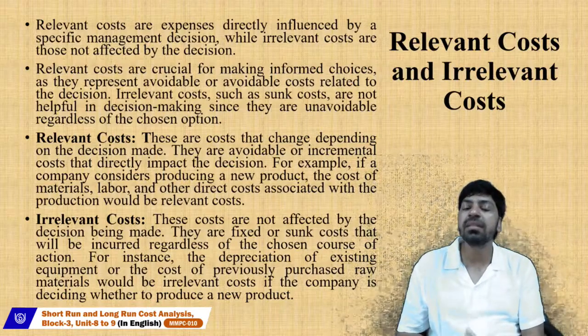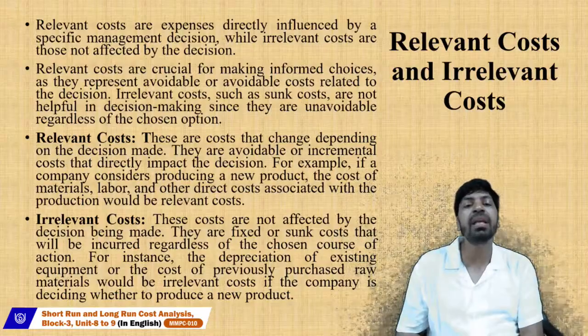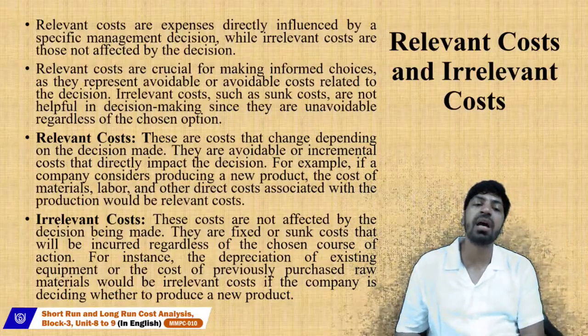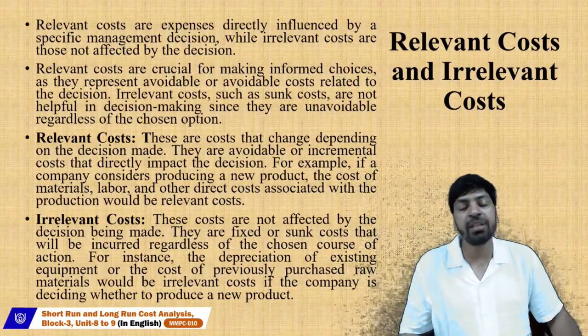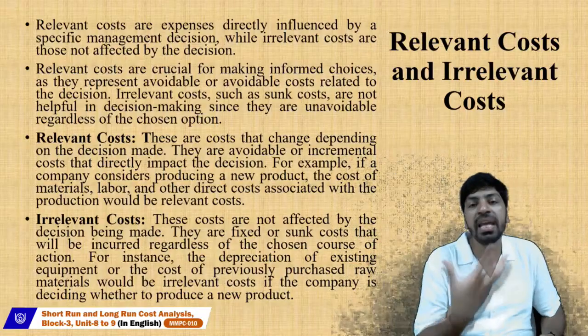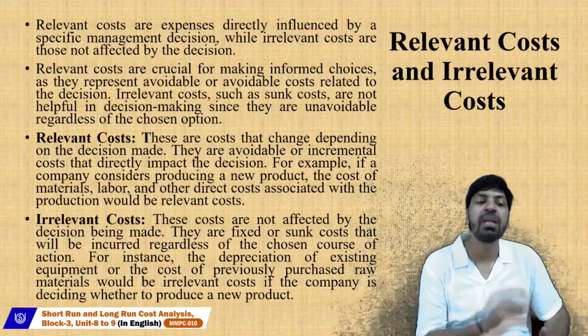If a company considers producing a new product, the cost of material, labor, and other direct costs associated with that production would be the relevant cost because it could be avoidable, it could be measurable, and it always influences the decision, and that becomes the relevant cost.